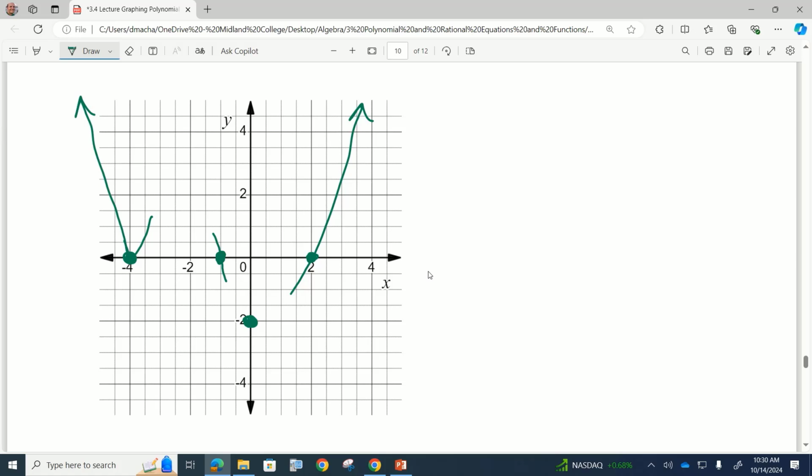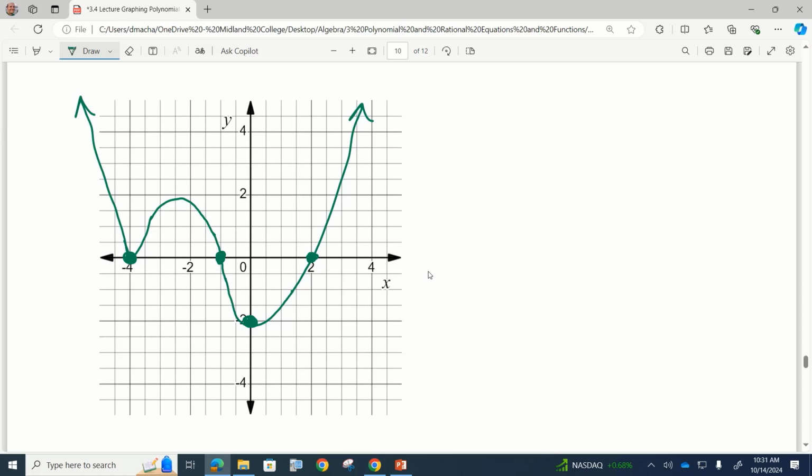Does it matter how high you go up? No. That won't matter at all. What I really care about is not how tall these are or where the maximum and minimums are. What I really care about is making sure we get the roots, the y-intercept, the multiplicities, whether it bounces or crosses, and the end behavior.